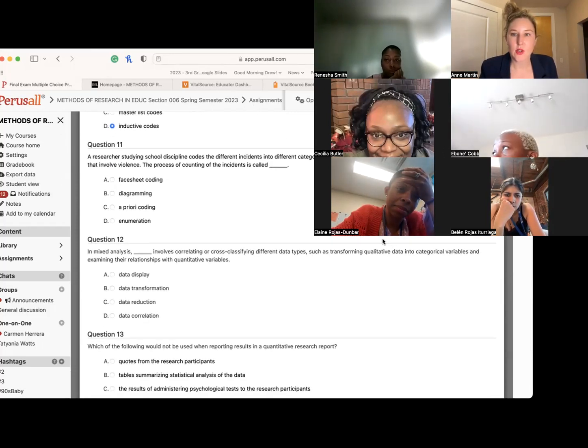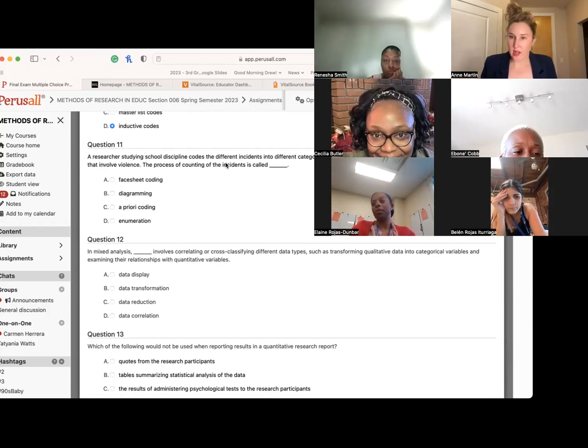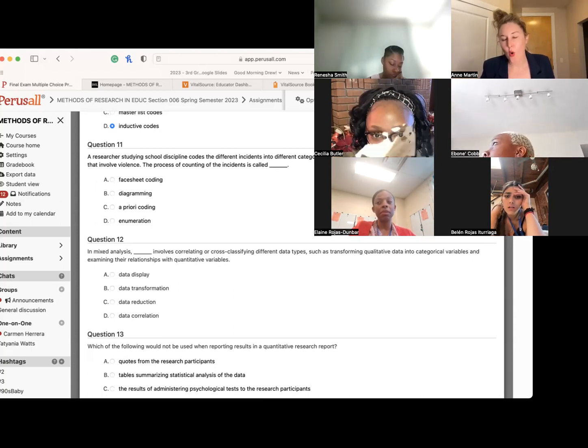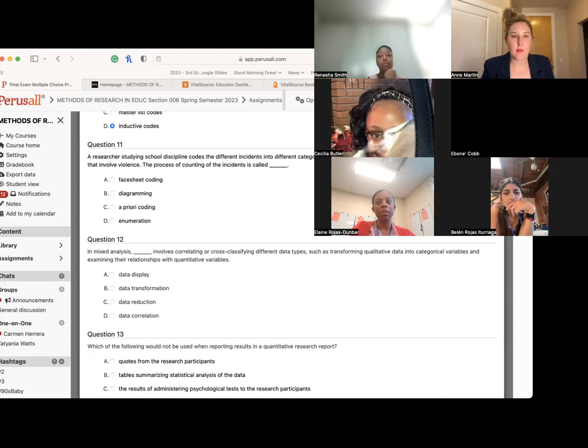Okay, so they're coding into different categories, and then they count the number of codes. So that would be quantitizing the data, transformation, correlating the qualitative data to a quantitative measure.